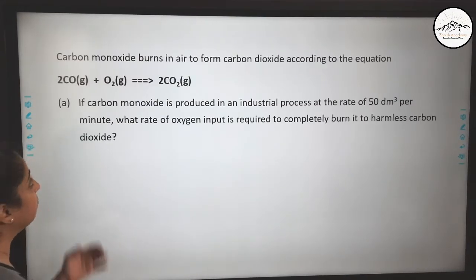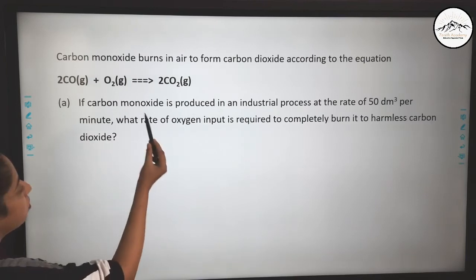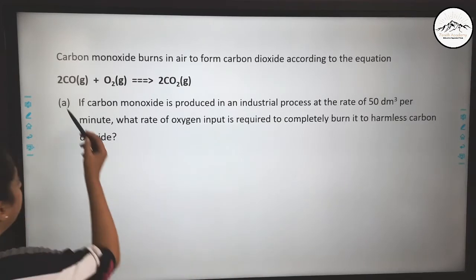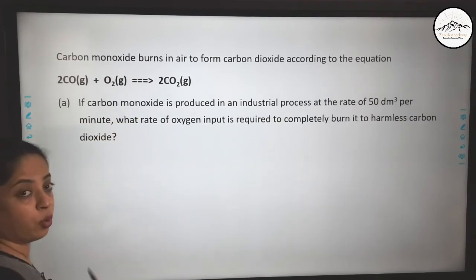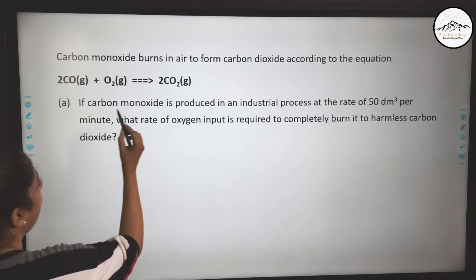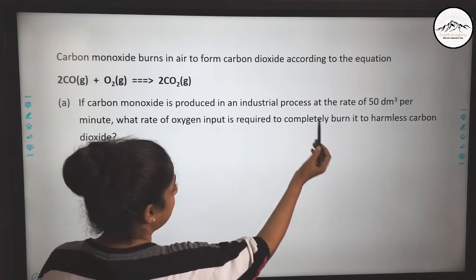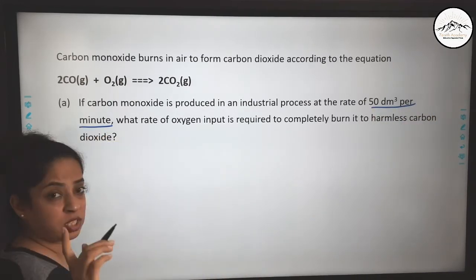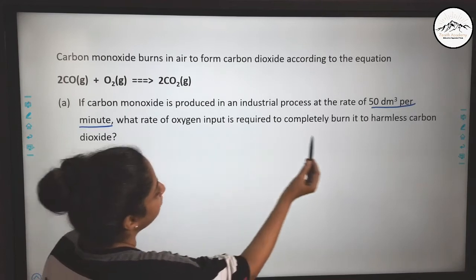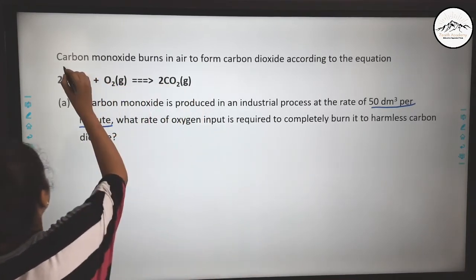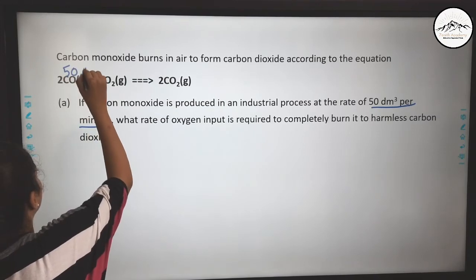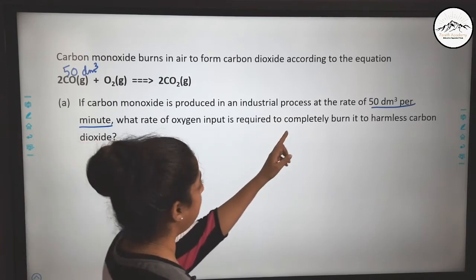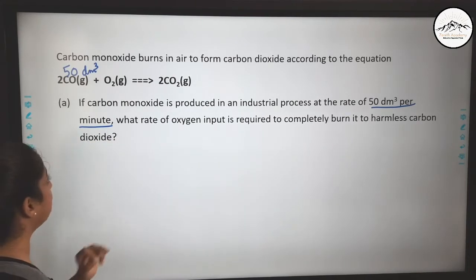Now let's go ahead. The next question is, carbon monoxide burns in air to form carbon dioxide according to the equation 2CO plus O2 gives 2CO2. So the question is, if carbon monoxide is produced in an industrial process at the rate of 50 decimeter cube per minute, so in 1 minute the volume of carbon monoxide production is 50 decimeter cube, what rate of oxygen input is required to completely burn it to harmless carbon dioxide?